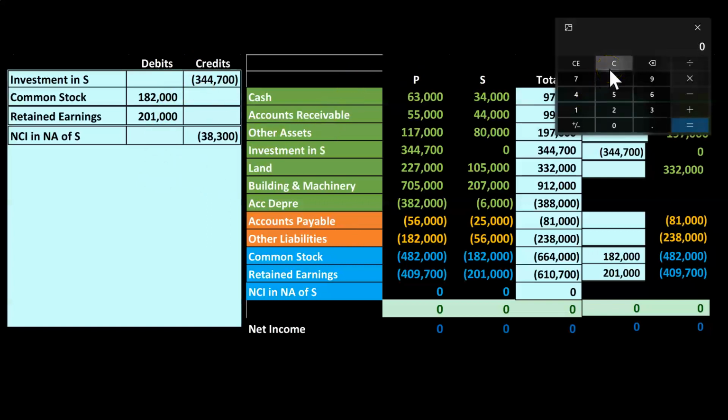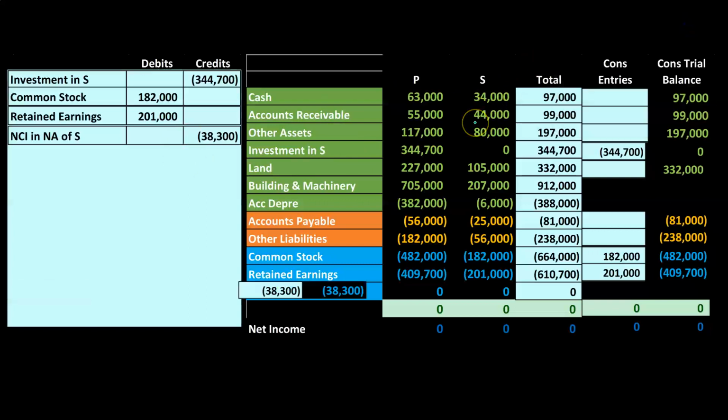And then we have the 182,000 plus the 201,000 times 10%, the non-controlling interest, and that of course is the 38.3. So now we can represent that 38.3 just as one line item in the equity section. So now we're going to post that, and there's the one line item in the equity section here. So basically we said, hey, look, we're going to combine the whole thing together. We're going to eliminate the investment in S, just like we normally would.